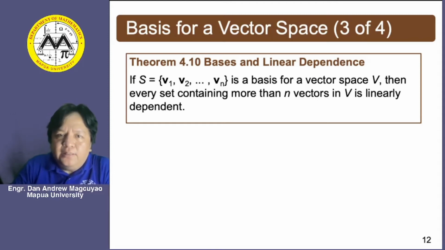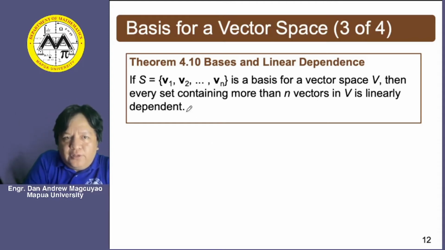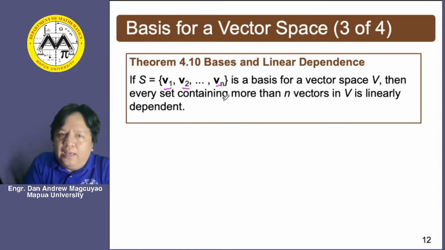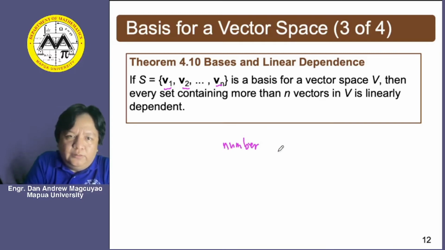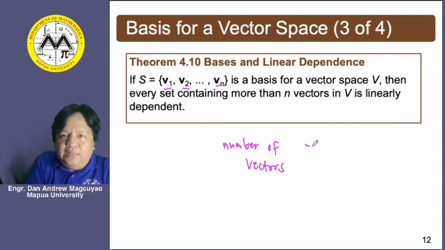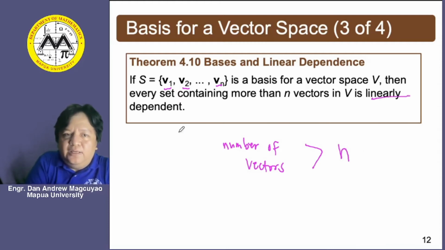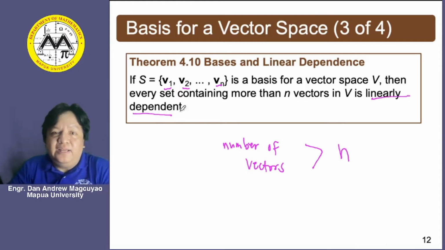So if the number of vectors is higher than n, then automatically you can say that they are linearly dependent.